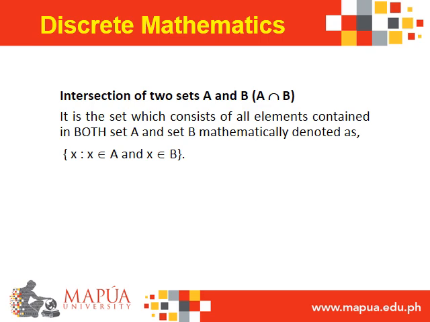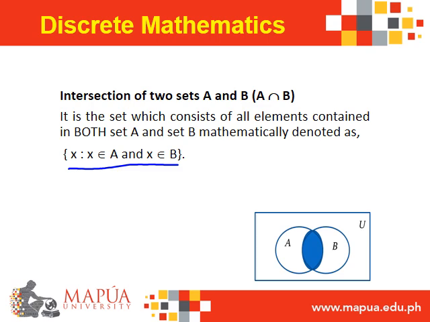The next operation is called the intersection of two sets. The intersection of two sets A and B consists of all elements contained in both set A and set B, mathematically denoted like this.